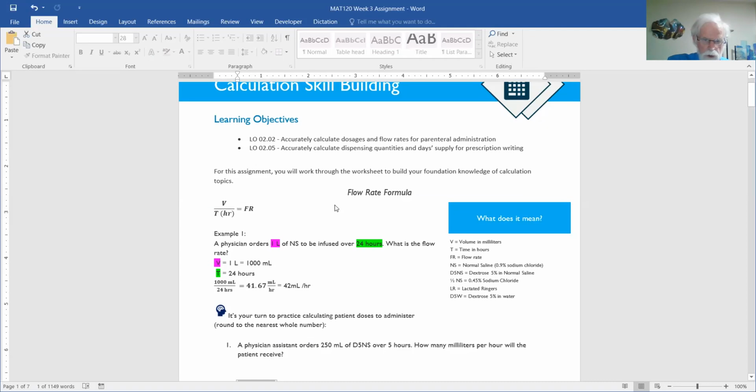Most of the time, all of the time, if we're using an electronic pump, also known as an electronic controller, we'll be calculating the flow rate in terms of milliliters per hour. That's how they're set.